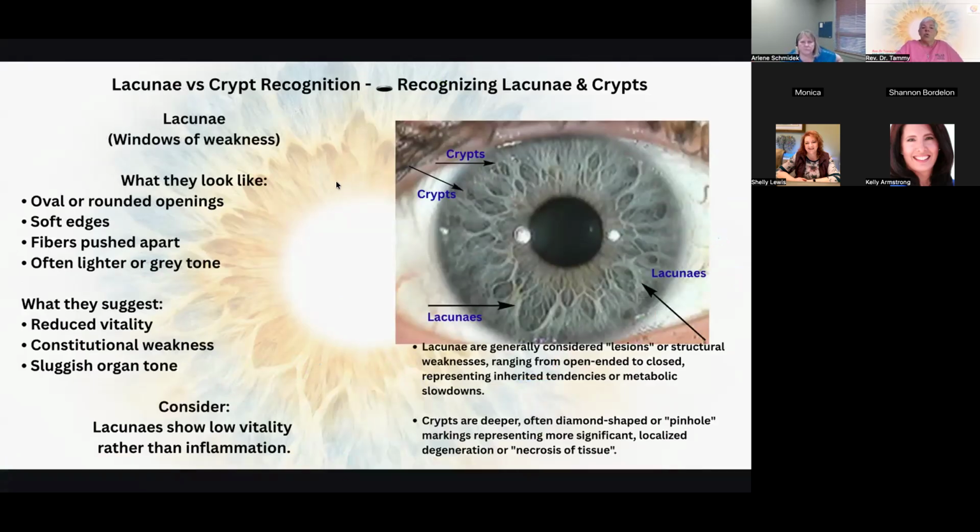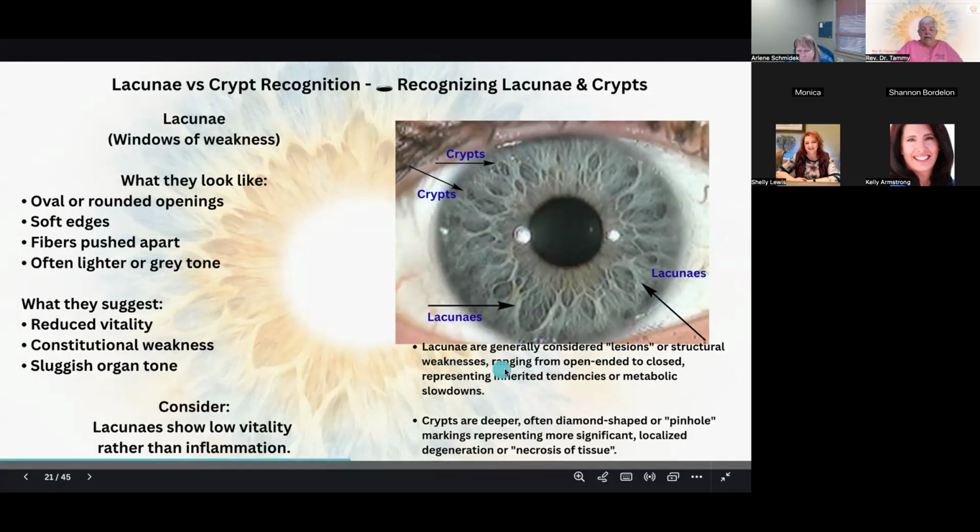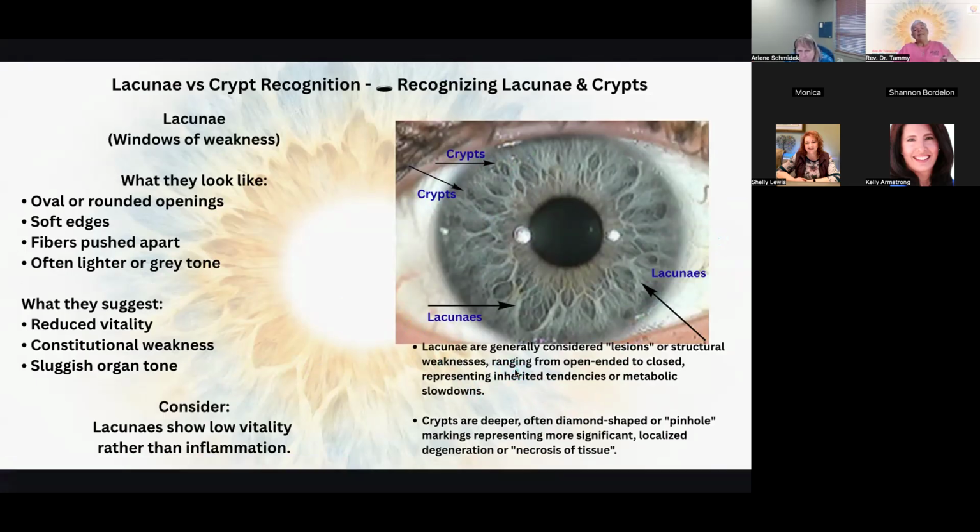Lacuna versus a crypt. I've got some things pointed out here, and just keep this somewhere close. A lacuna is generally considered a lesion or a structural weakness ranging from open-ended to closed, representing inherited tendencies or metabolic slowdowns.